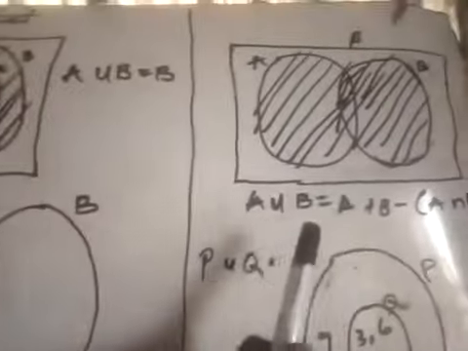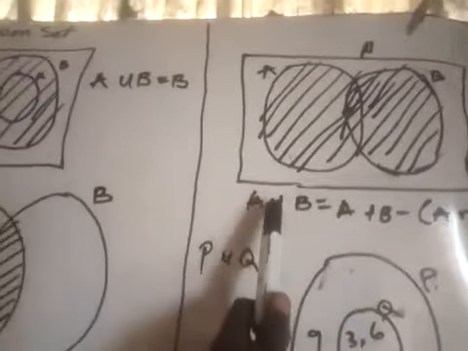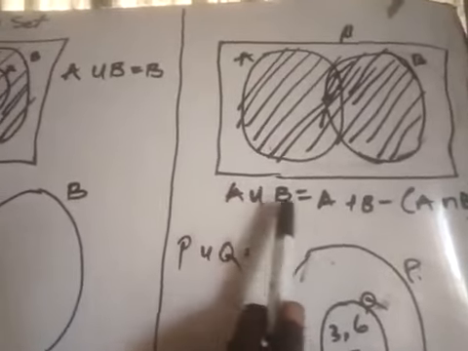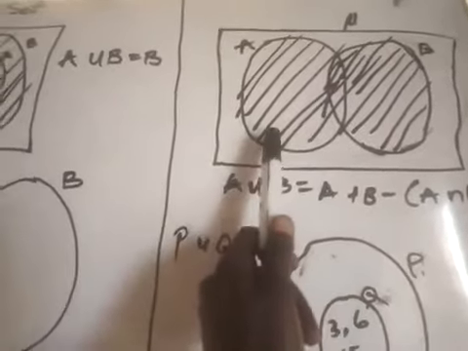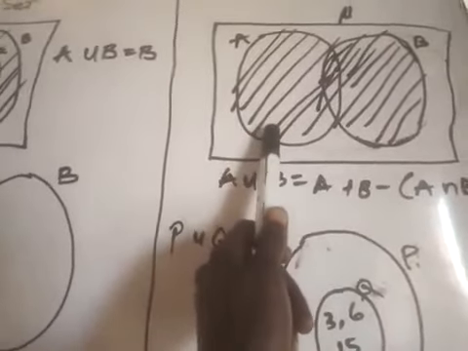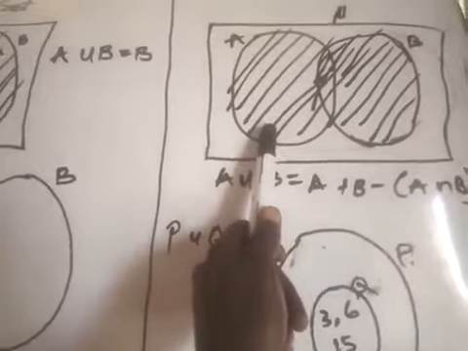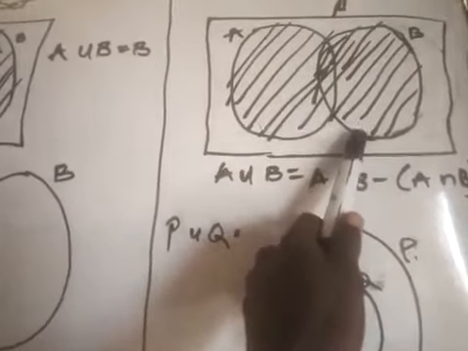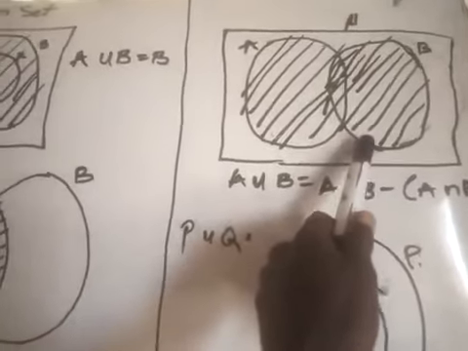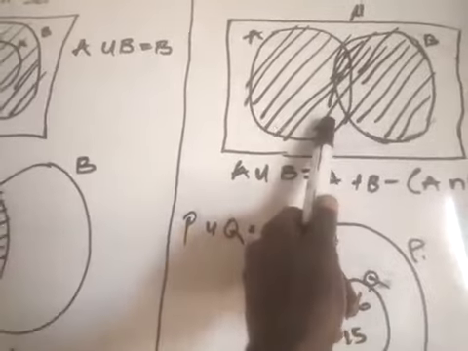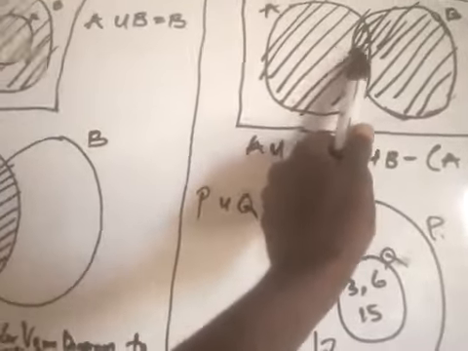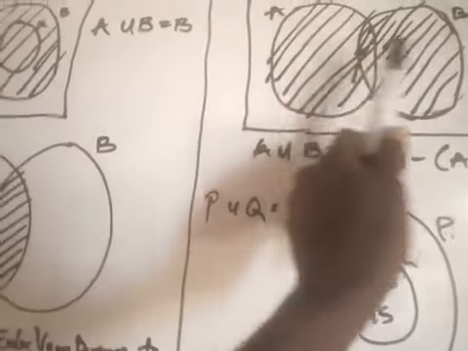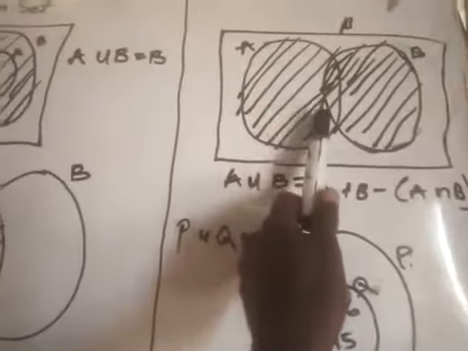And also you can have this type of Venn diagram for union when you have A union B. But what happened here is that there are other elements that are in A that are not in B, and there are other elements that are in B that are not in A. And there are some elements that you can find in both A and B. That's why you have this type of Venn diagram.